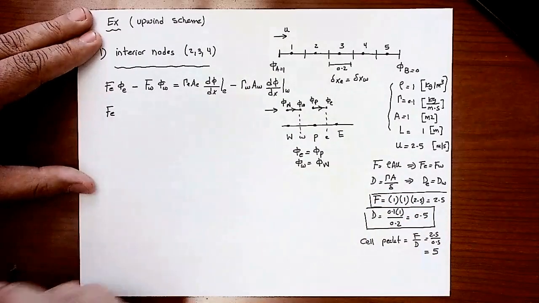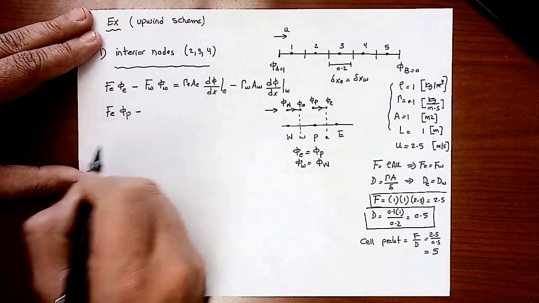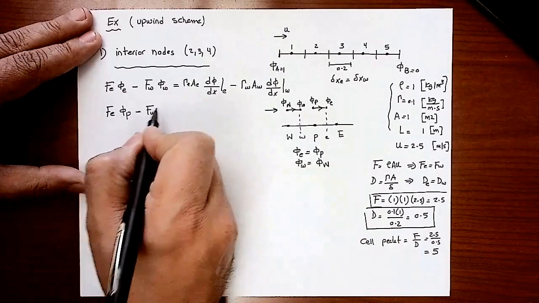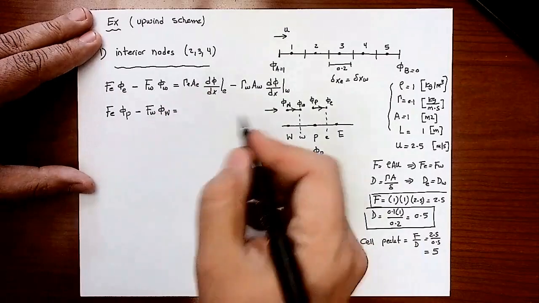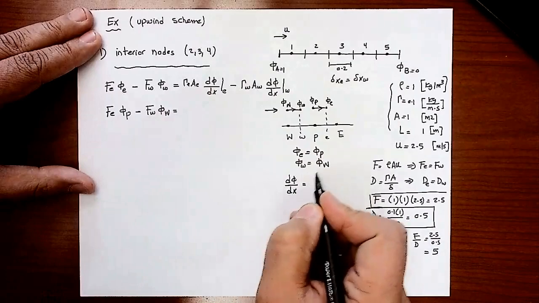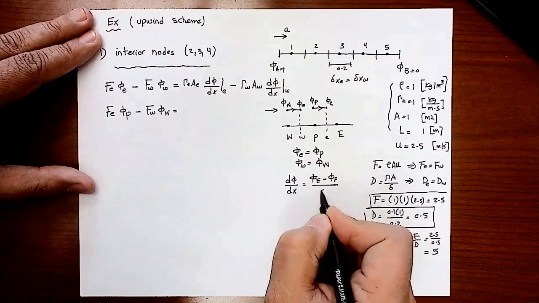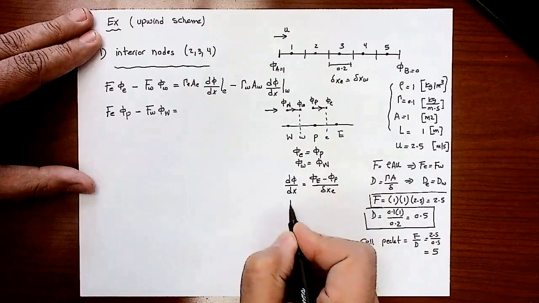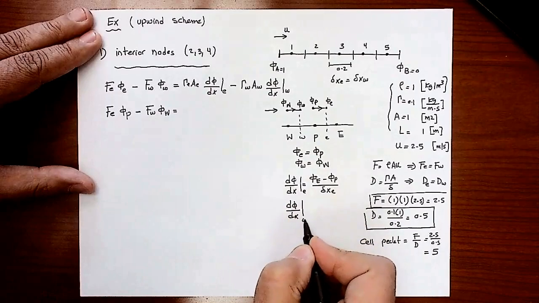So if I substitute into this equation, I would have F east phi p minus F west phi w equal to, now for the diffusion term, d phi by dx, it's not going to change. It's going to be phi east minus phi p divided by delta x east, this is at the east face, and this is at the west face.